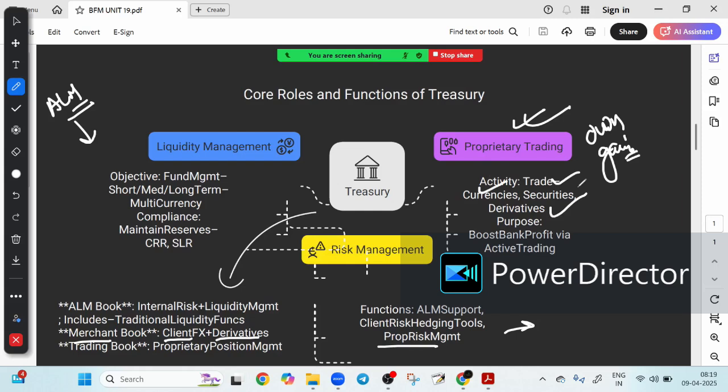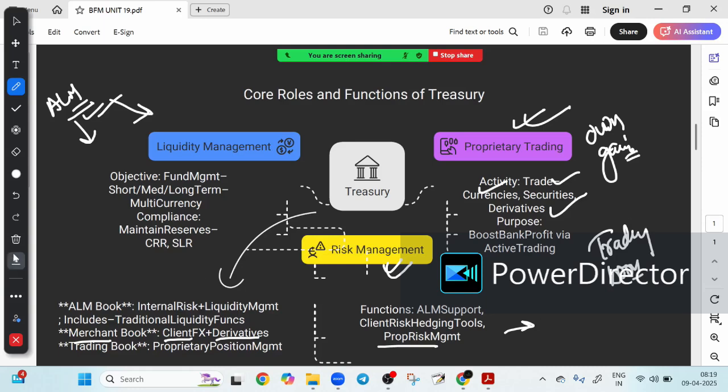The key objective is boosting profitability. This activity is tracked through the trading book. So here you can see the ALM book is there for liquidity management. For risk management, you have the merchant book. For proprietary trading, you have the trading book. So what happens in the trading book? The bank takes calculated positions in the market, not for a client but for itself.